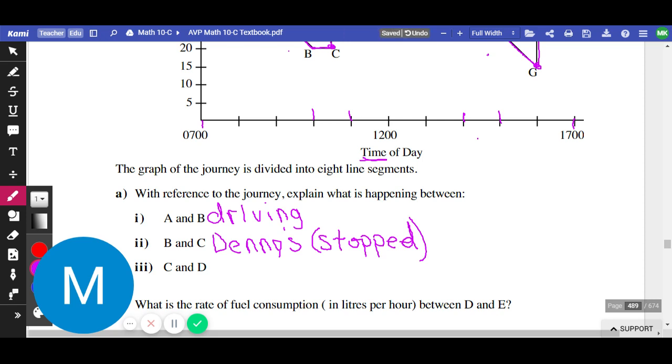And from C to D, that represented a gas station. Right? They fueled up. That's all interpreting graphs is. Looking at something, knowing how to follow along and play along with what's happening. You guys did a bunch of this in grade 9. At least you should have done a bunch of interpreting graphs in mathematics.